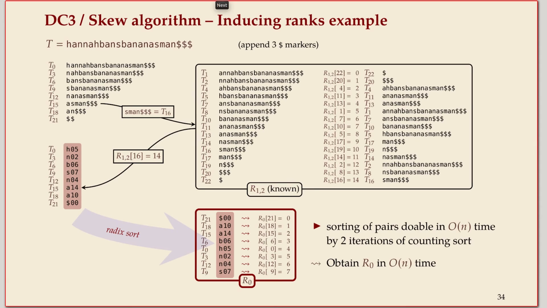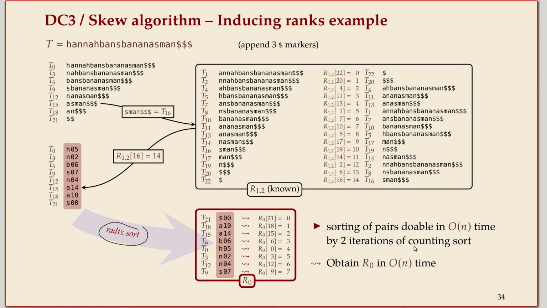And it turns out that in this case, these pairs that we have can be sorted in linear time by 2 iterations of this counting sort method that I've shown you. Now in general, radix sort, what I wrote here, is essentially this idea: do counting sort a couple of times. If you've seen that before, that's great, then you will understand what I mean. If not, that's not so important.